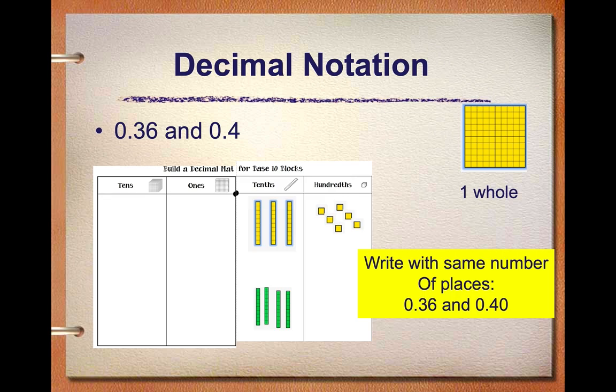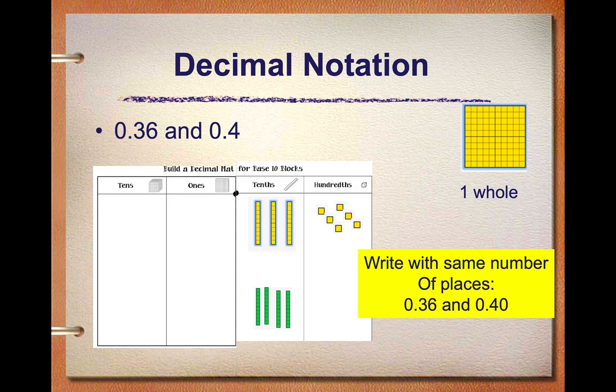We also realize, as the yellow box indicates, that when you're comparing decimals, remember, these are fractions. When you compare fractions, a great way to do that was having a common denominator. With decimals, to get a common denominator, so to speak, it's just looking at it with the same number of places.